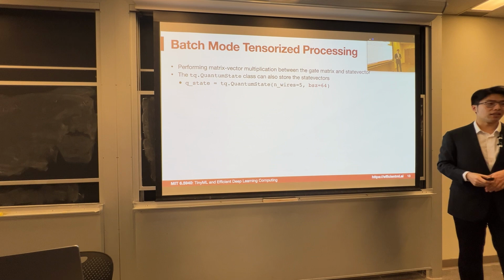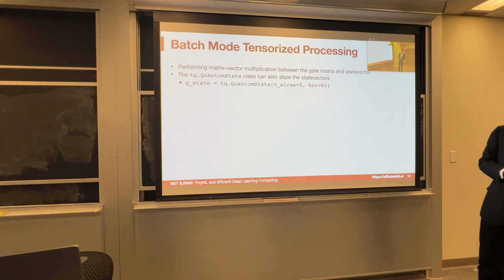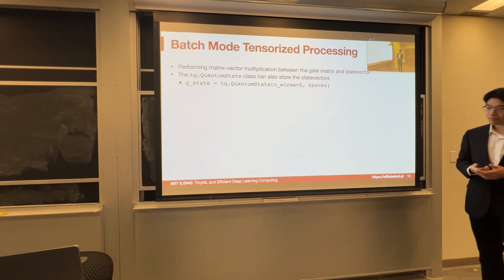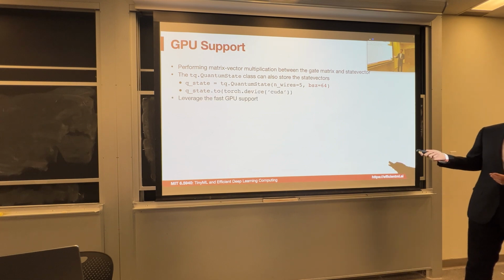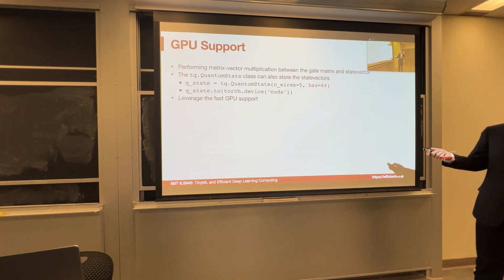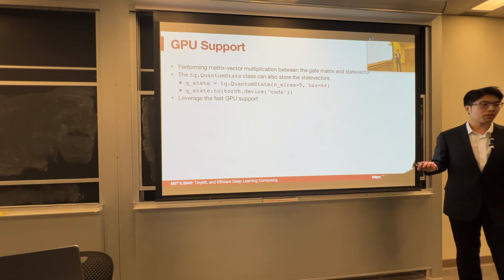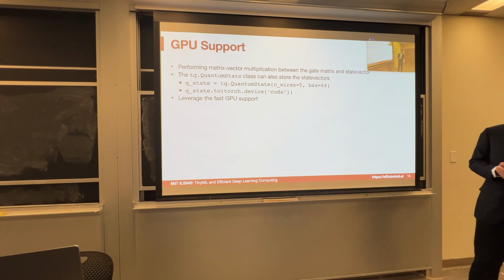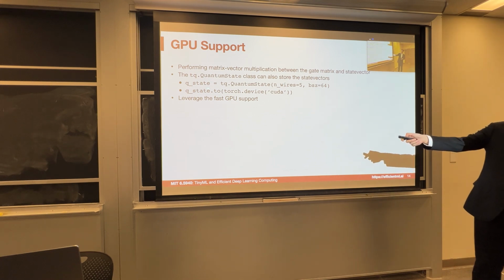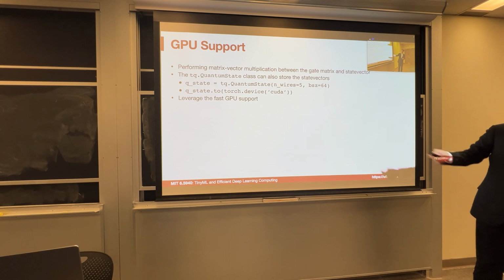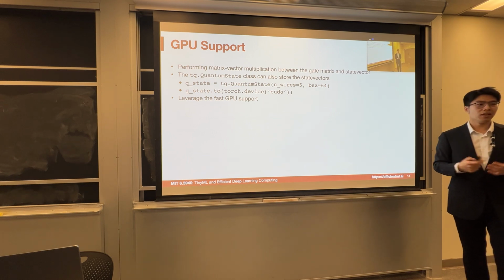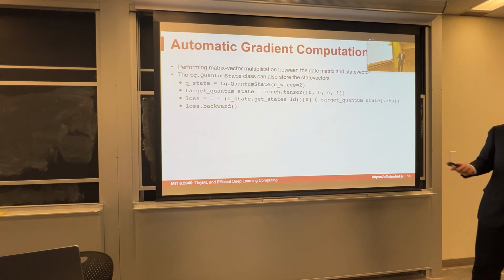That means you can instantiate 64 different states, and then you can encode the actual quantum image into these states. And also, we of course have GPU support, because we implement all the operations in TQ in PyTorch, so we can directly send the state to the GPU, and all the later operations will be accelerated by the GPU.